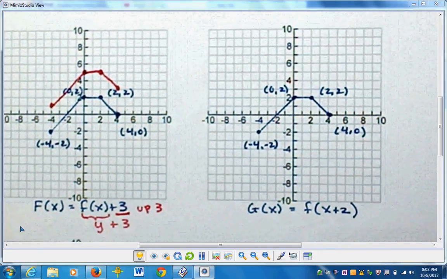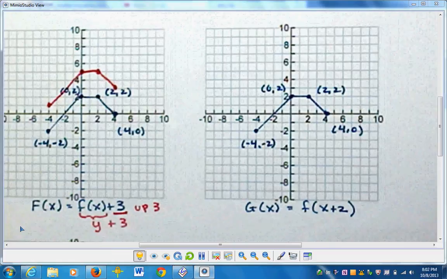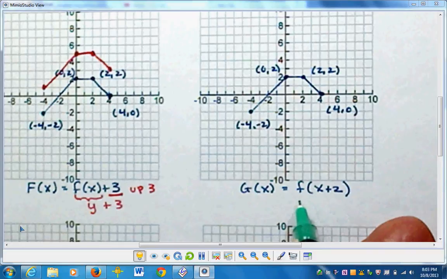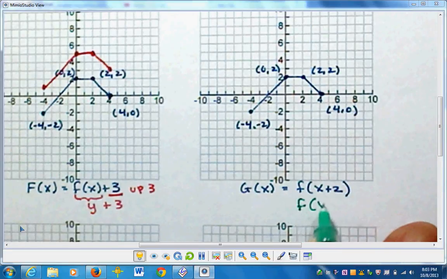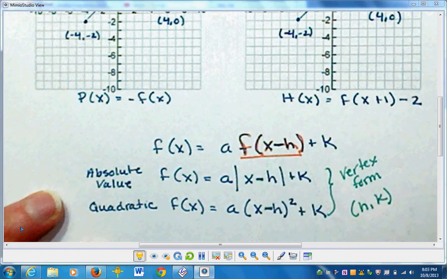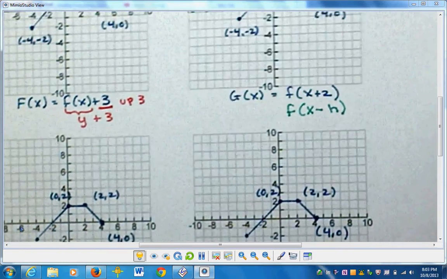This next one, this big G of x, is a little tricky because notice now we're looking inside. Anytime we're looking inside those parentheses, that should be a warning to slow down, something different is happening. If we remember from the function down beneath, we had f of x minus h in our equation. So if we look down here, see how it's a minus h. That's our function form.